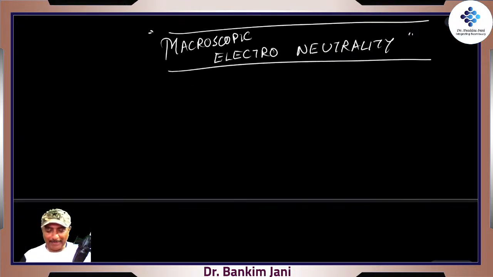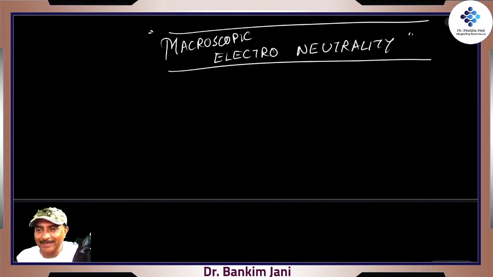Okay. So macroscopic electroneutrality, this word is also just to impress, right? If you say that positive ions and negative ions are equal, people say, okay, fine. When you say there is macroscopic electroneutrality in the intracellular fluid because of the transfer of potassium, people say, wow. It means almost the same.